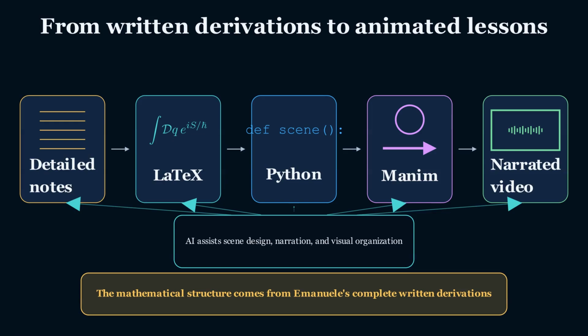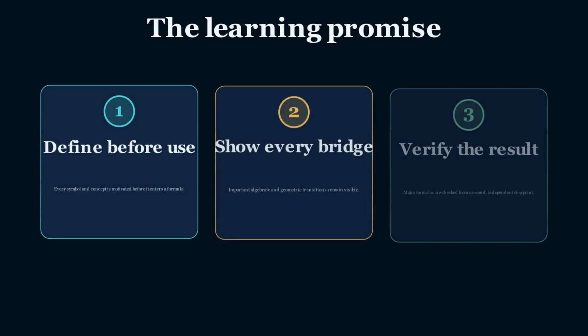Python and Manim generate the animated equations, diagrams, surfaces, paths, and transitions. The narration and visual timing are then assembled into the final lesson. This workflow preserves detailed mathematics while presenting it in a more visual form. The technology supports the explanation, but the course remains grounded in calculations and in the notes developed before the videos were produced. The course is not designed merely to display advanced formulas.